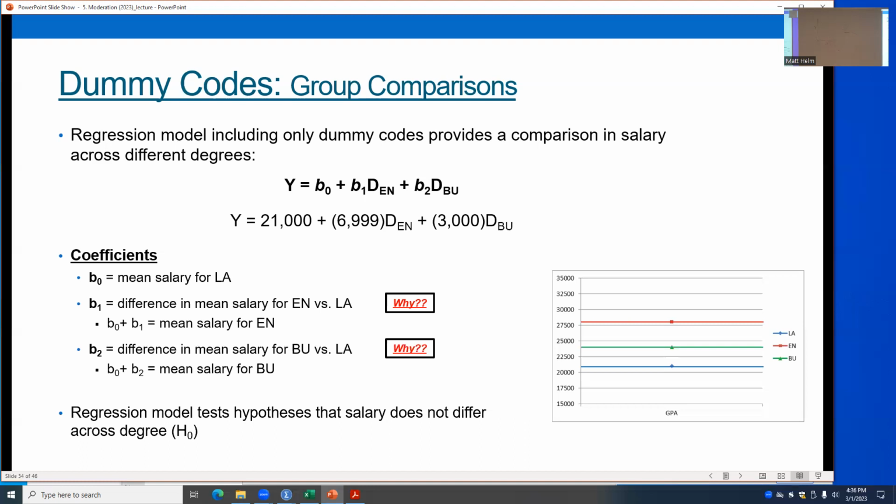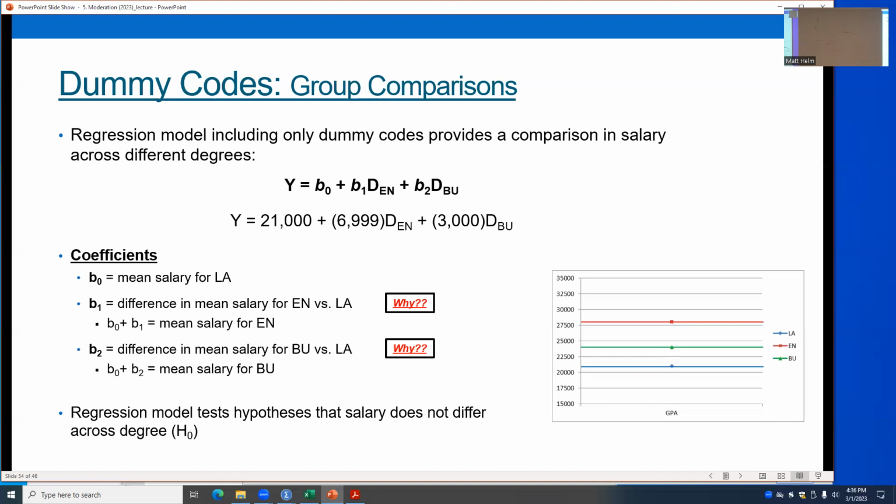And then my coefficient for my first dummy is the difference between my reference group and my target group. And if I want the expected value for each one of these, then I just add in the intercept. Basically, we've got an additive model here where we start out with the starting salary for my liberal arts folks, and then we're making adjustments up and down based on their degree program.